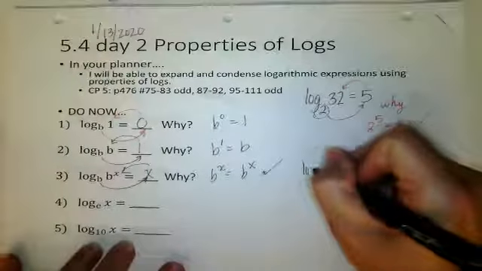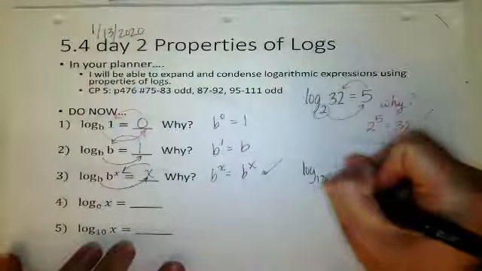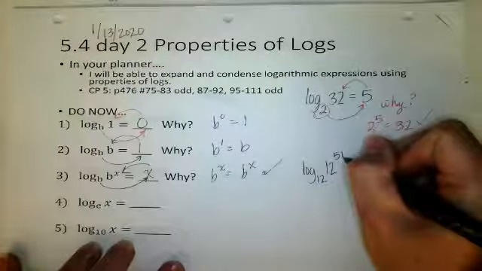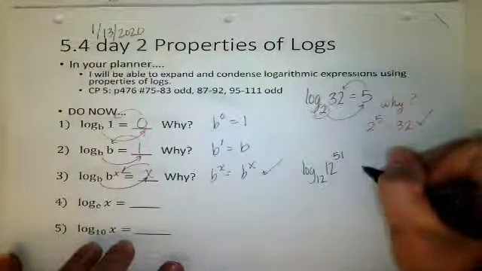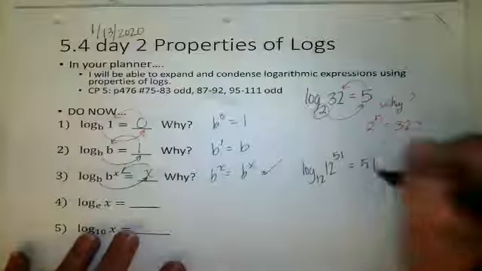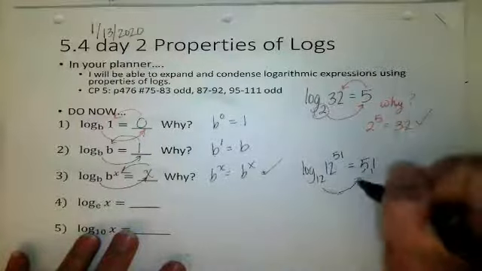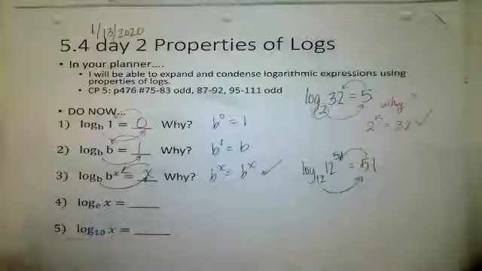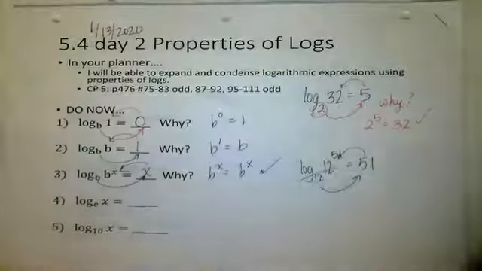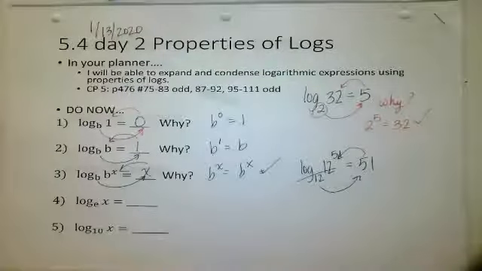I think you had something like log base 12 of 12 to the 51. Equals what? 51. Yeah. Because 12 to the 51 power equals 12 to the 51 power. Really, log base 12 of 12 sort of cancels itself out and leaves a 51. Another way to think about it. We're going to learn another way that works today.